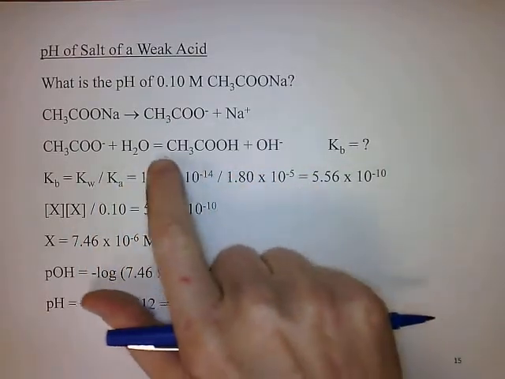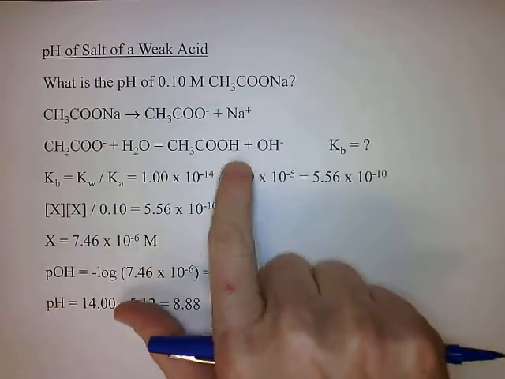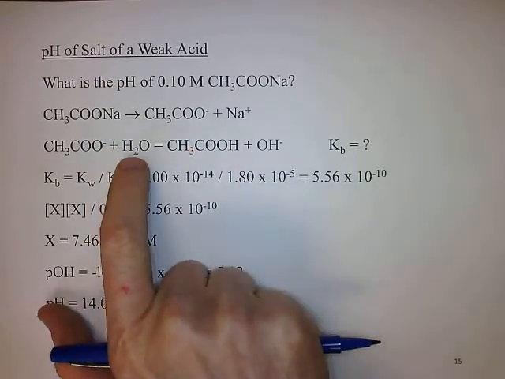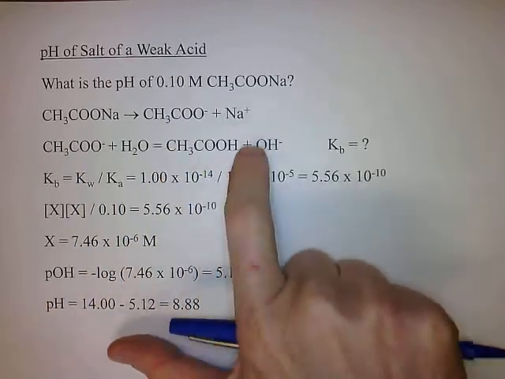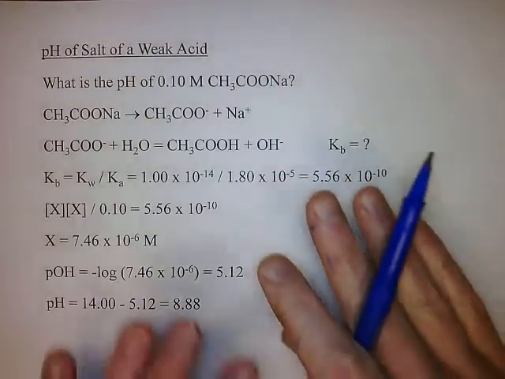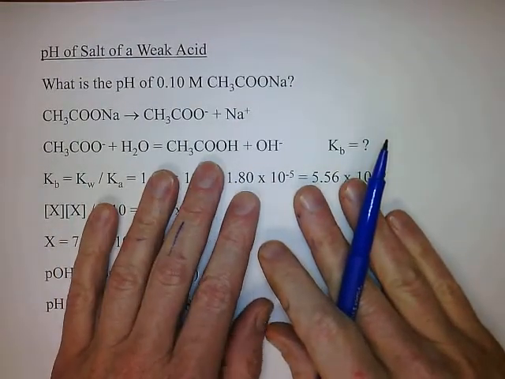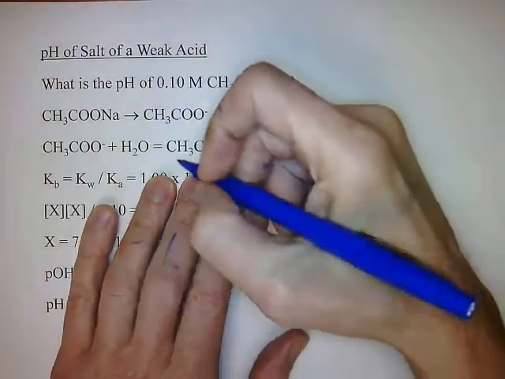So what happens to acetate in water? It starts to reestablish this equilibrium to form acetic acid. In other words, it starts taking hydrogen ions away from water to form acetic acid. We set this up the same way we did before. We know the reaction is going to shift to the right.